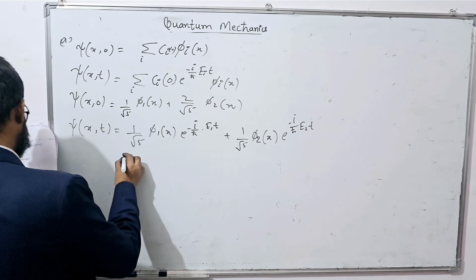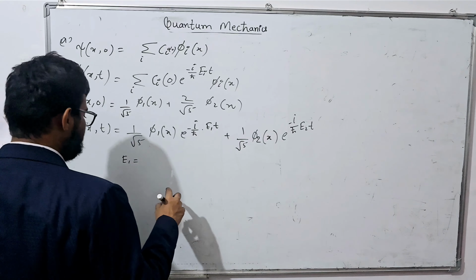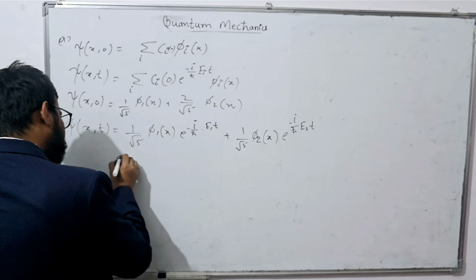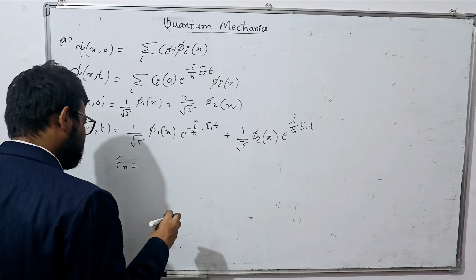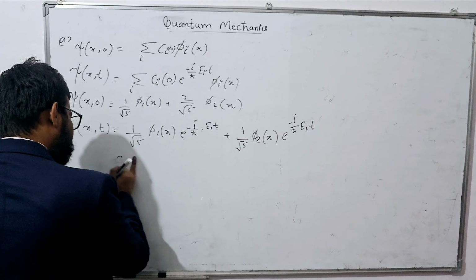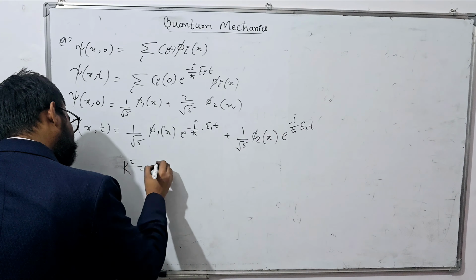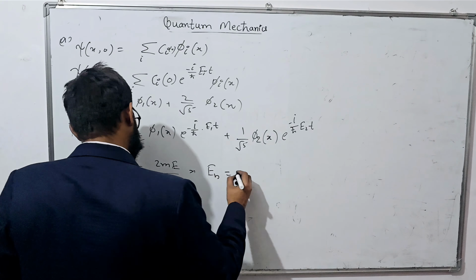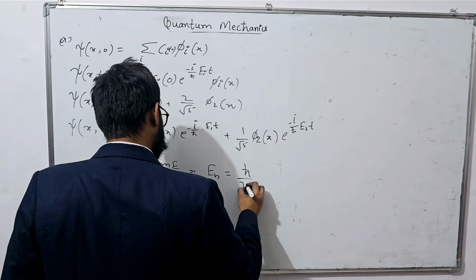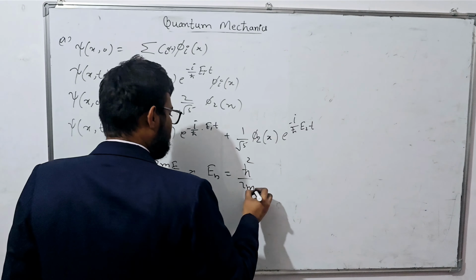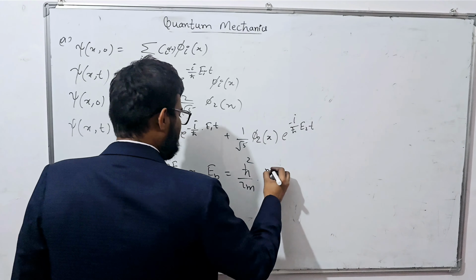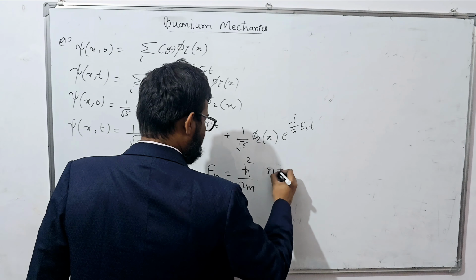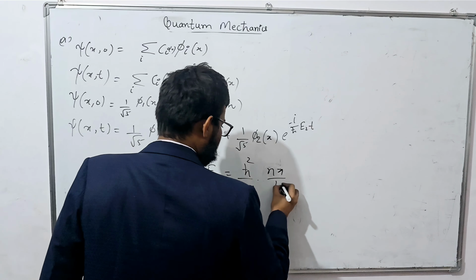And you all know that E1 is, from the eigenvalues which we calculated, that En is equal to h bar square by 2m into k square, where k is n pi by L whole square.